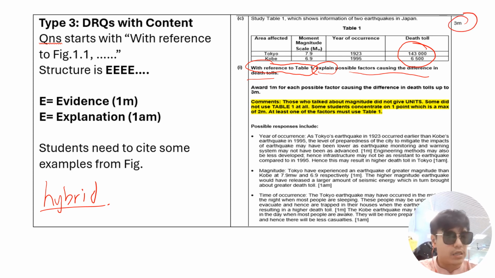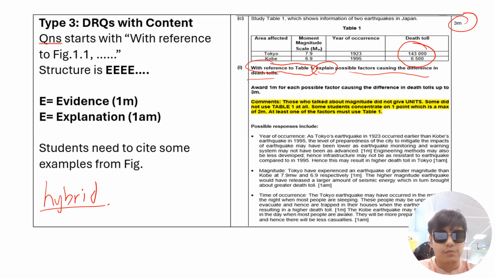So you can see there is a huge difference in death toll, and this is actually a 3 marks question. All right, so you need to understand that for this type of question, firstly, you cannot forget to support explanation with evidence, right? Because a table is given to you. And the main crux of this question is we are trying to test you on how you can apply your knowledge with regards to real data, right?